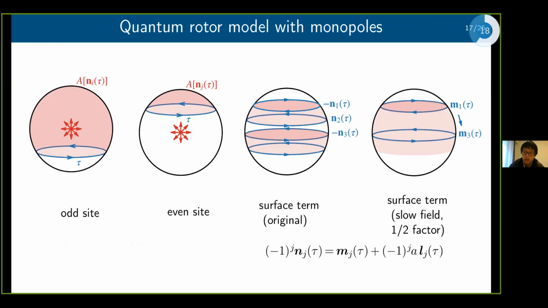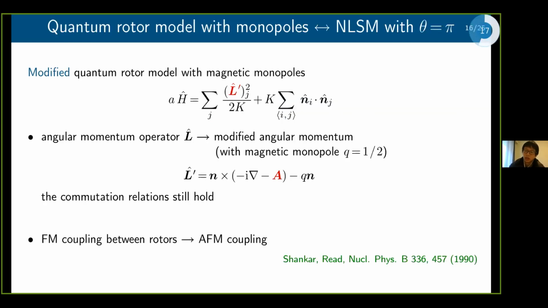So this gives a very rough explanation of why this model corresponds to the nonlinear sigma model with the topological theta pi term.